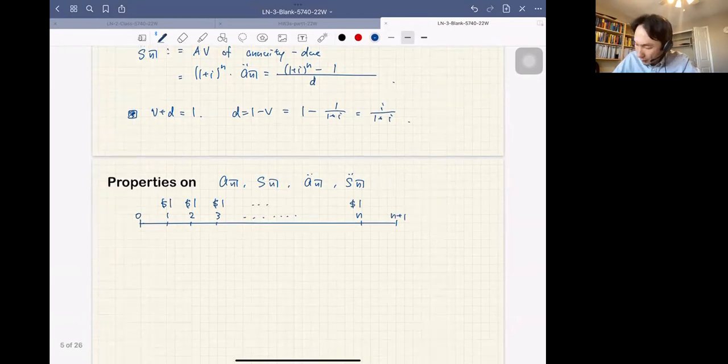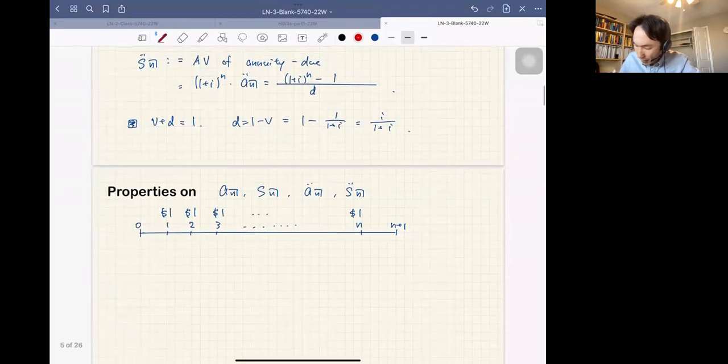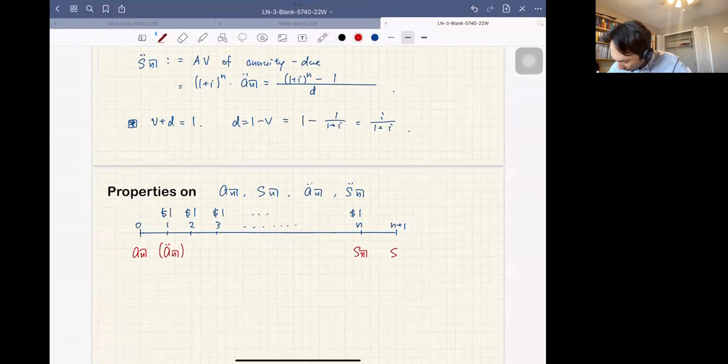Then what is the present value of this annuity immediate? That is a right angle n. But if we evaluate this at time 1, that becomes a double dot right angle n. Or if we evaluate at time n, this becomes s right angle n. And at n plus 1, this is s double dot right angle n. Okay. So just the relative position is important.